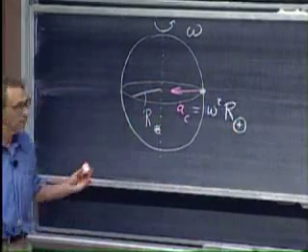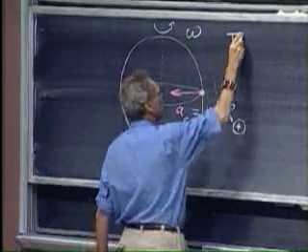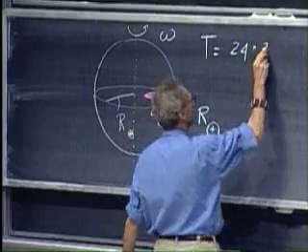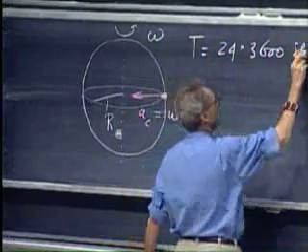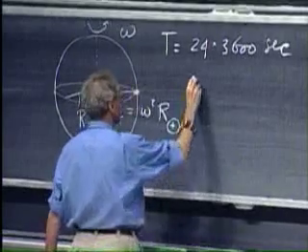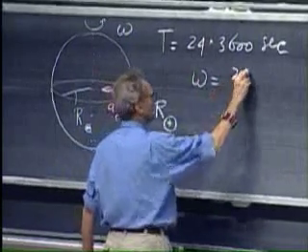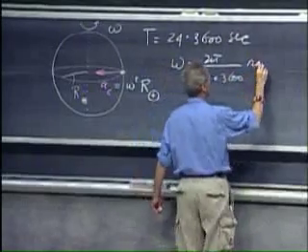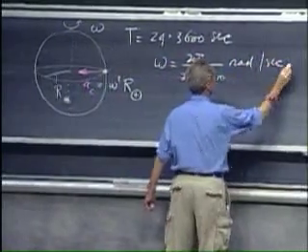How large is that one? Well, the period of rotation for the Earth is 24 hours times 3600 seconds. So omega equals 2 pi divided by 24 times 3600, and that would then be in radians per second.